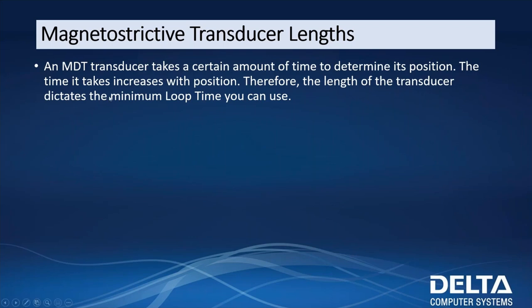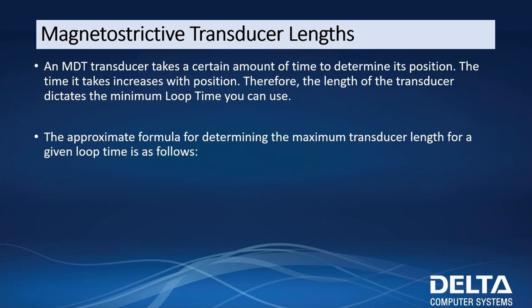And that time it takes is going to increase with position. So therefore, the length of the transducer dictates the minimum loop time you can have, right? If we're requesting new feedback every millisecond and your transducer doesn't have new feedback every millisecond, well, there's a problem there, right? So what we can do is increase our loop time if that's what's needed with the transducer.